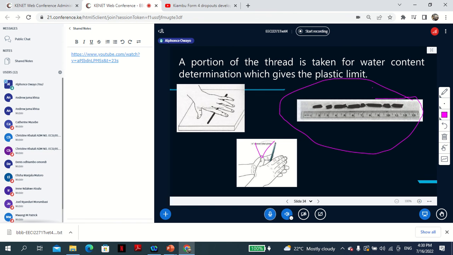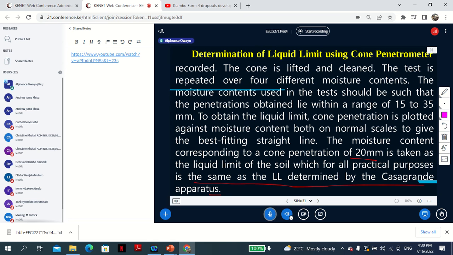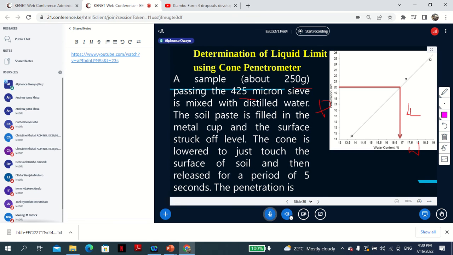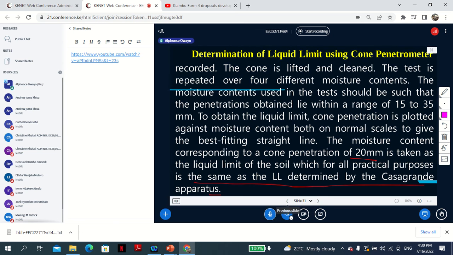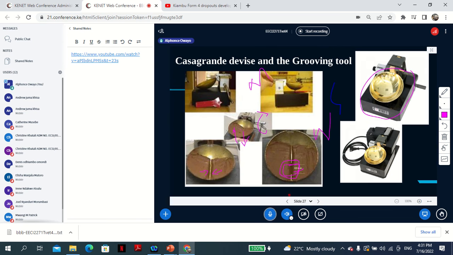Just to explain a little bit here, these tests are usually done with either the Casagrande or the cone penetrometer, because actually you are interested in what we are calling the plasticity index.